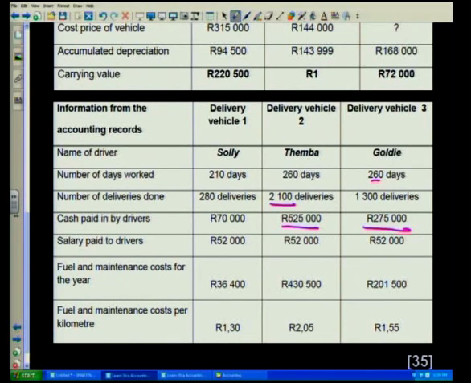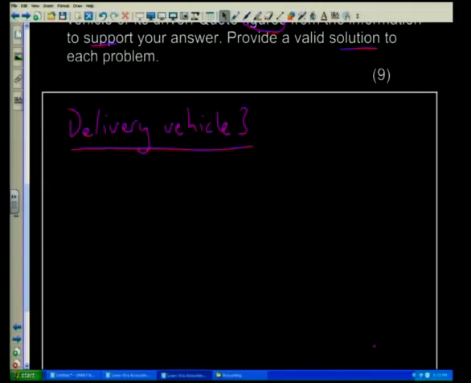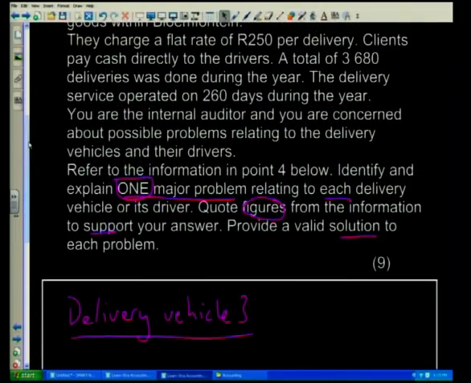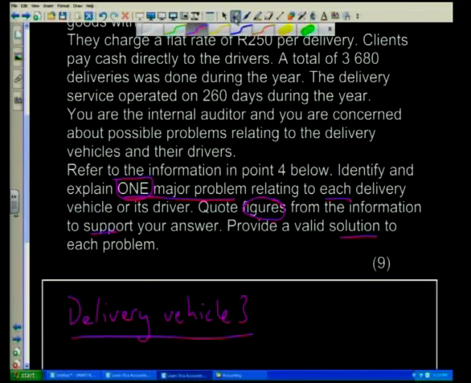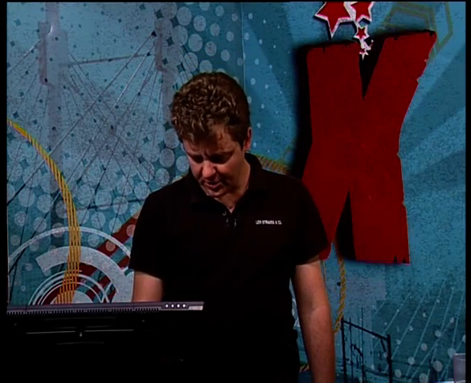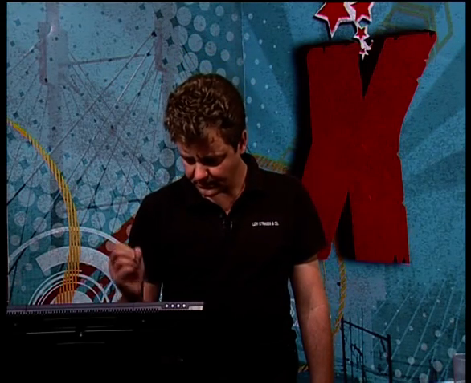This could be a cause for concern, and the reason I say that is that if you remember the information given to us in the question, it says that the business charges a flat rate of 250 Rand, here it is, per delivery, and clients pay cash directly to the drivers. Now let's see what should have been earned by this third delivery vehicle.